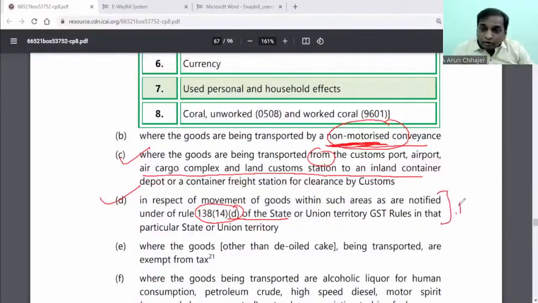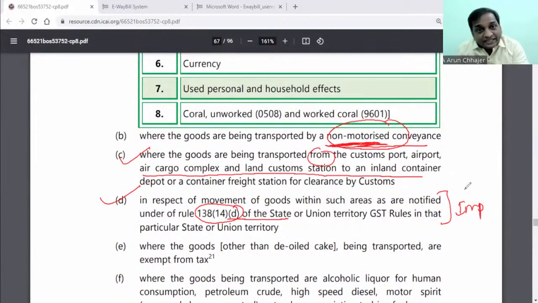This is important. For example, in Bihar earlier, an e-way bill was not needed for goods valued at 2 lakh. Now it has been reduced to 1 lakh. Normally, for interstate movement, if the value of the goods is more than 50,000, it is necessary to generate the e-way bill.